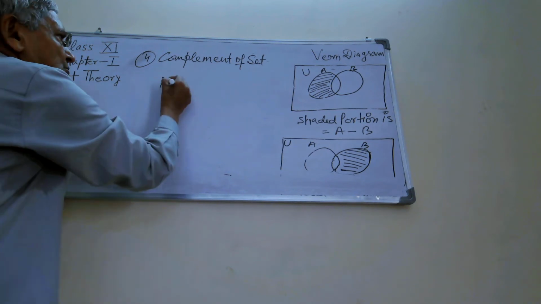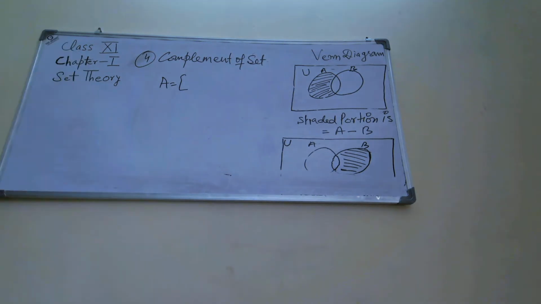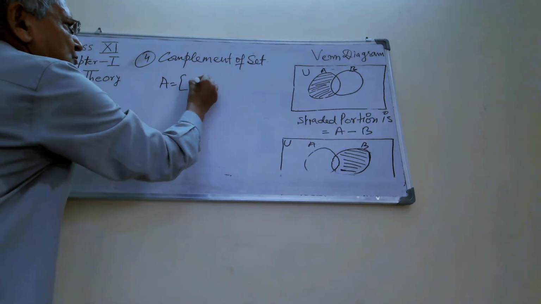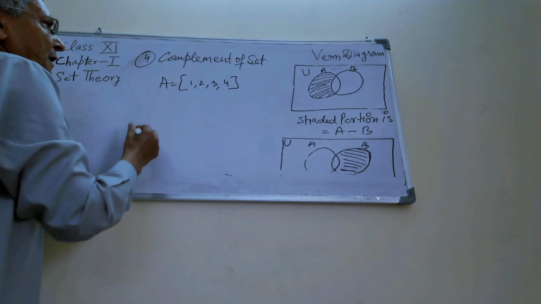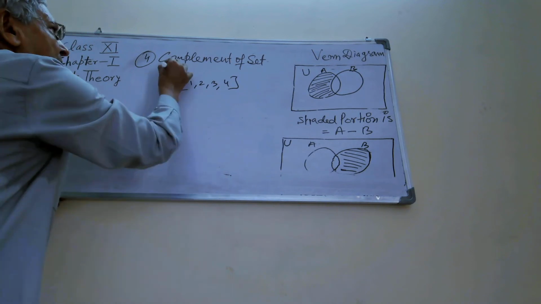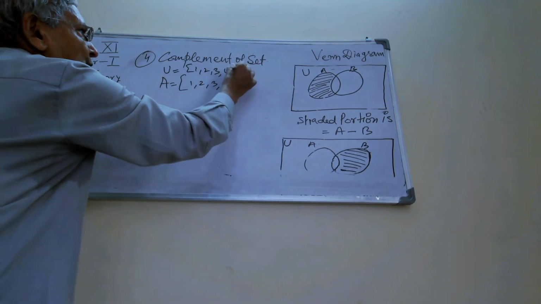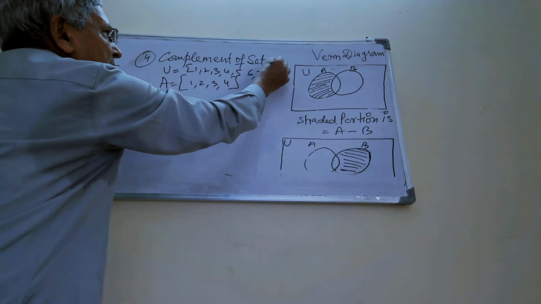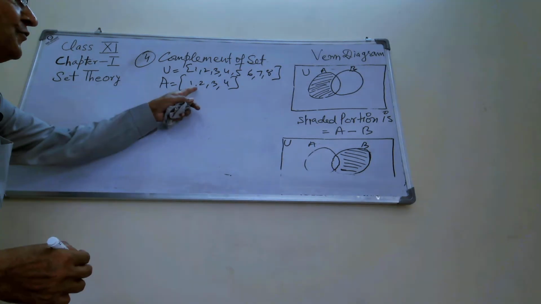Now A is equal to 1, 2, 3, 4, and U is the universal set 1, 2, 3, 4, 5, 6, 7, 8. This is a universal set. U is a universal set and A is a small set.